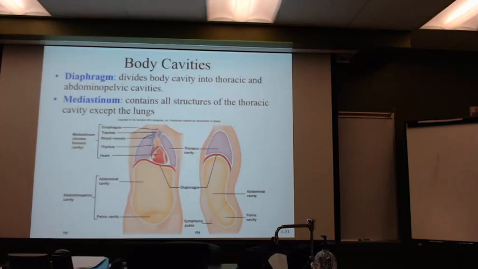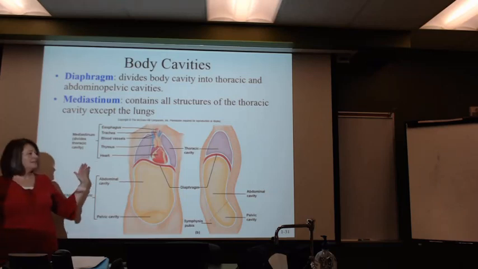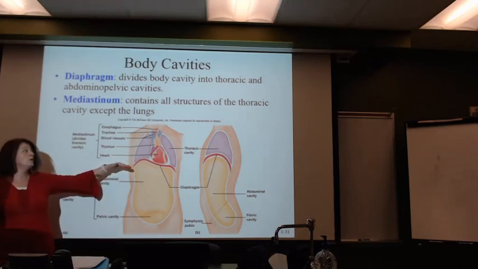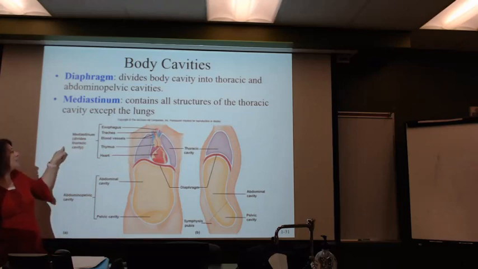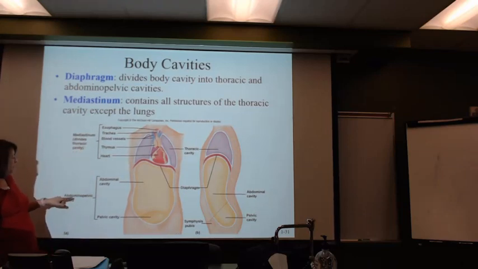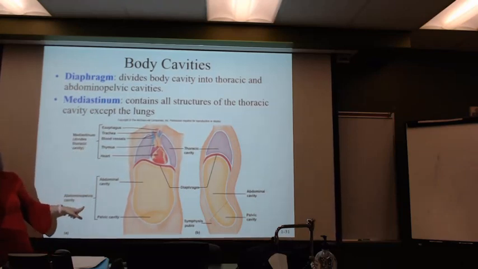Body cavities. Now, this will continue to show up as we move forward in part 2. Body cavities become important. We have the diaphragm, and that's like the division between our thoracic cavity and the abdominopelvic.